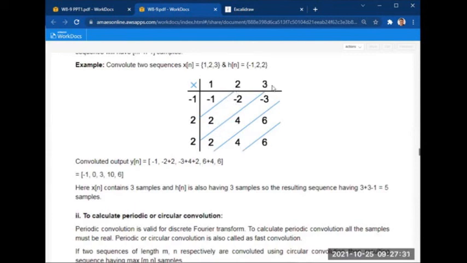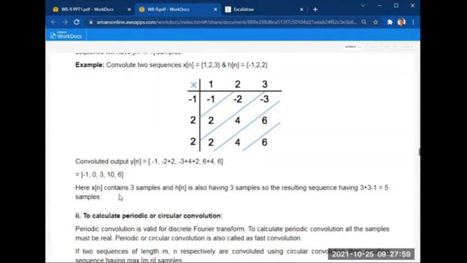Then again, we separate them with lines and add all of the components within the lines: -1, -2 plus 2, -3 plus 4 plus 2, 6 plus 4, and 6. Then we simplify. We have -1, 0, 3, 10, and 6. So this is our y of n.